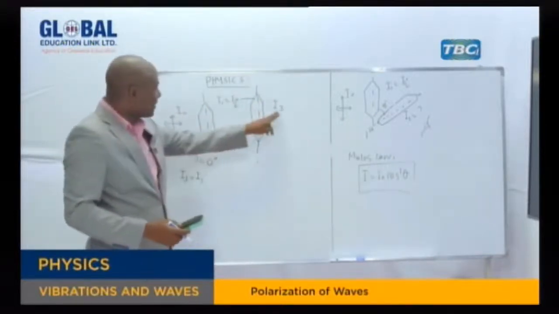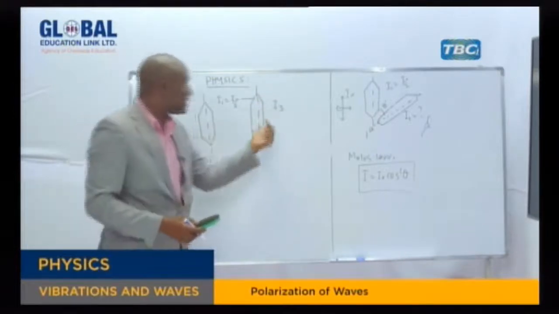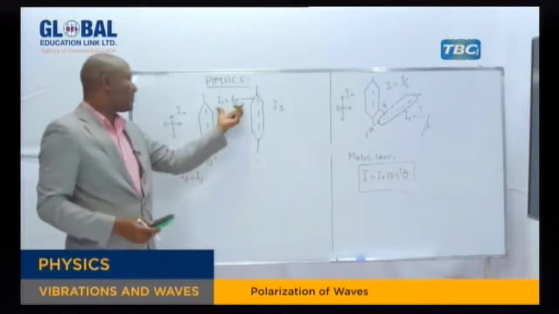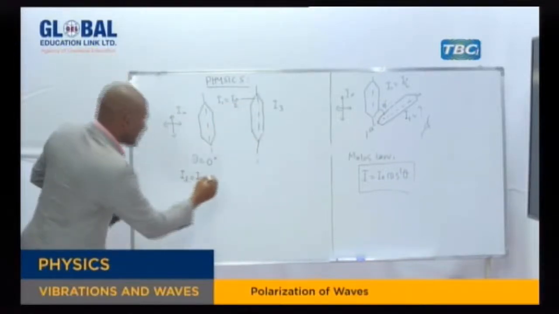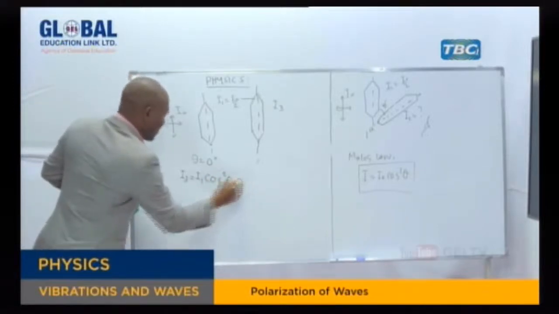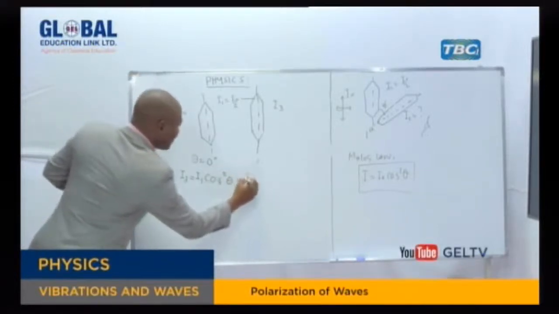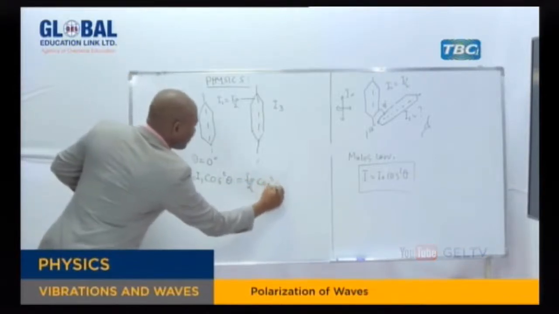I3 equals I1. This is not I naught here. We consider what was the initial intensity of the light coming from this one before passing to the second polarizer. It's I1. And then cosine of the angle squared. This I1 is I naught over 2 cosine squared of 0.